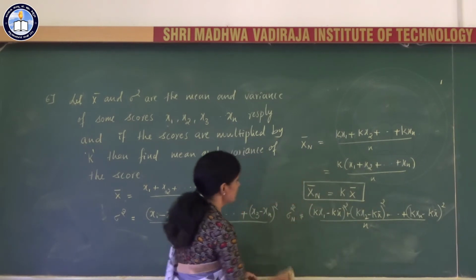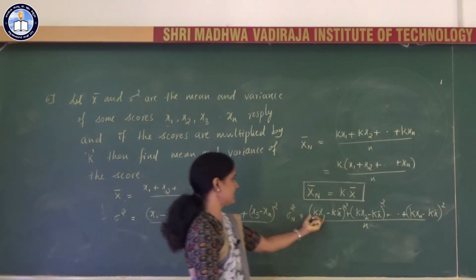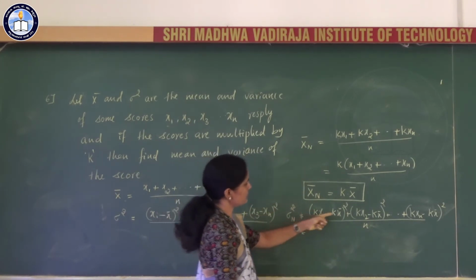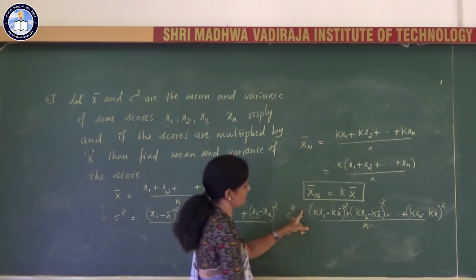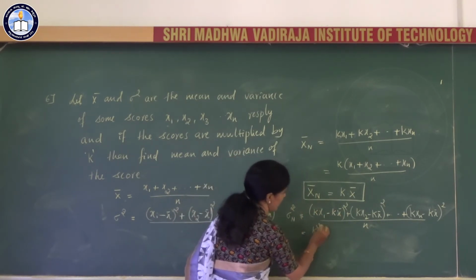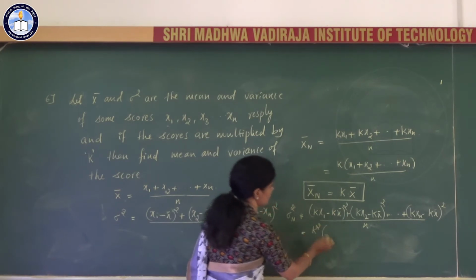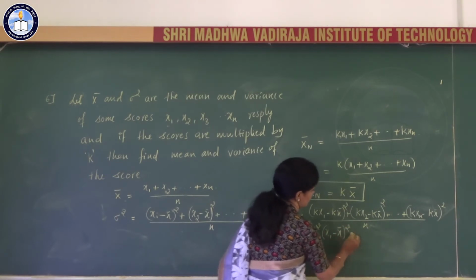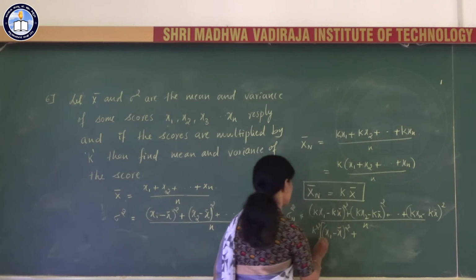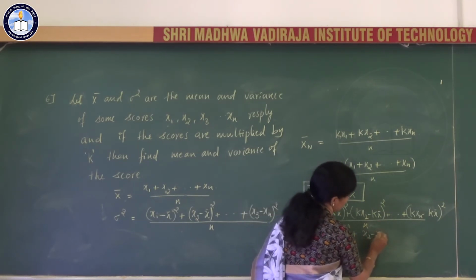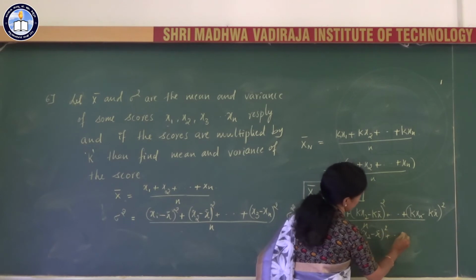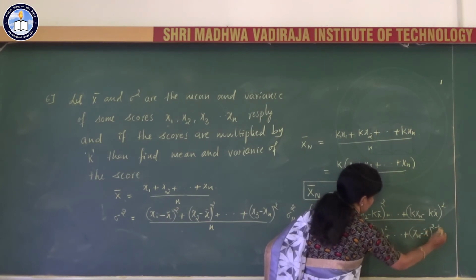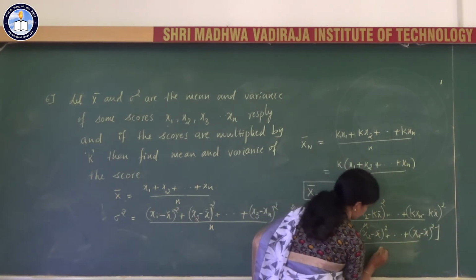Here in each bracket k is common. I will take this k outside, so it becomes k square. Therefore, if I take k square as common, what will remain inside the bracket? x1 minus x bar whole square plus x2 minus x bar whole square plus up to xn minus x bar whole square, divided by n.